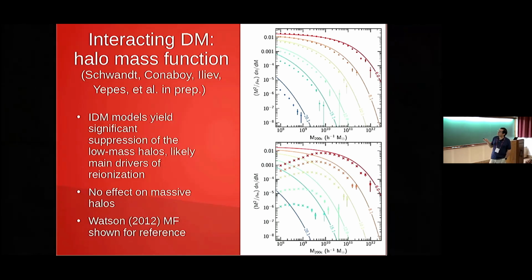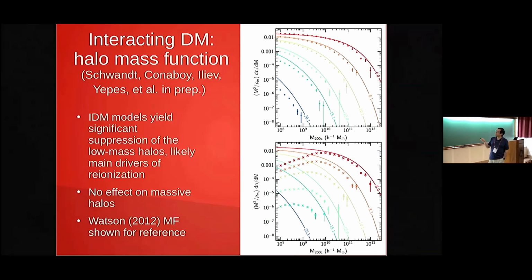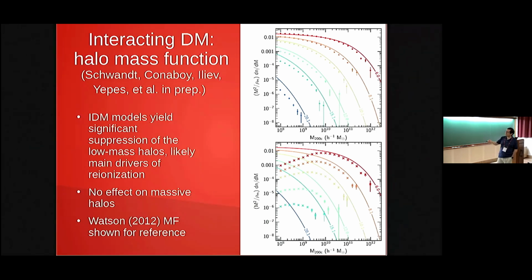If you look at the mass function of halos, this is the CDM version, this is the IDM version. Again, you get significant suppression, particularly below 10 to the 10 or so, which is precisely the halos that drive reionization, and they get suppressed significantly.